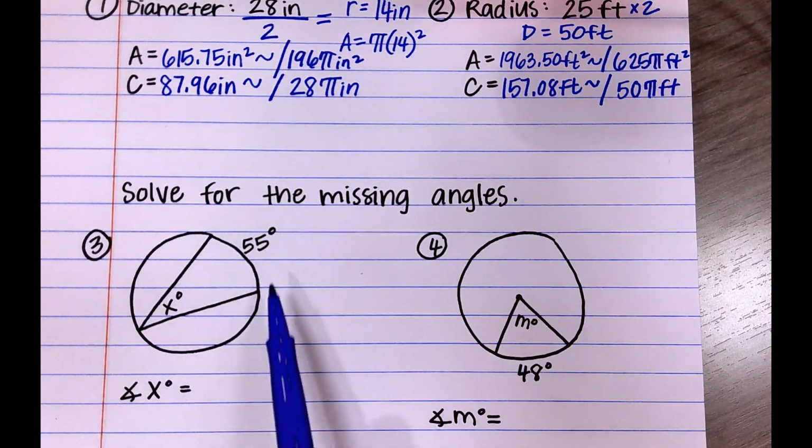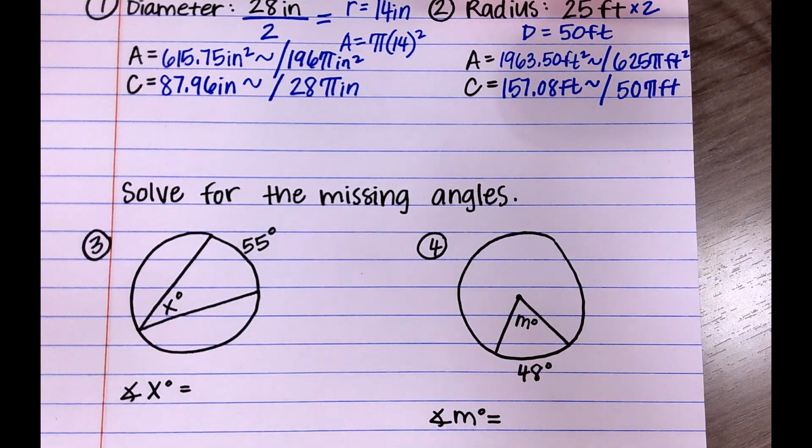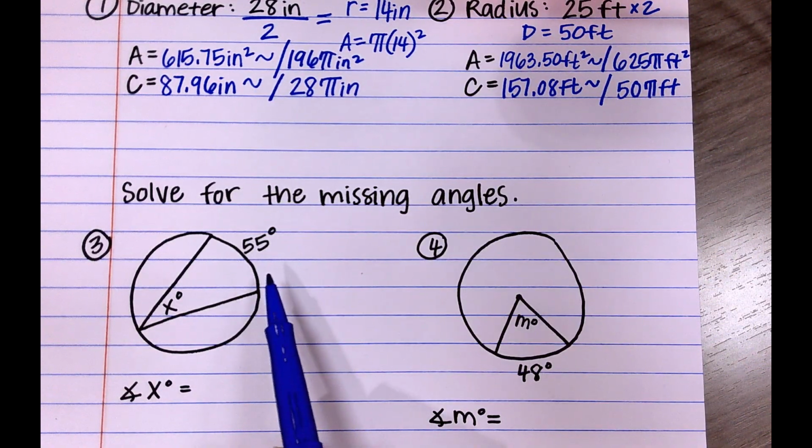How can I use that outer arc, 55 degrees, to find x? So, have 55. Yes, yes.